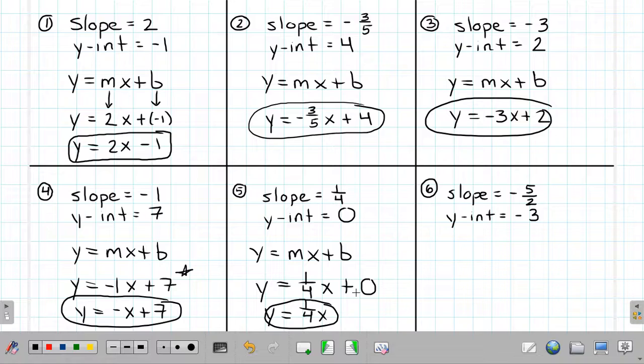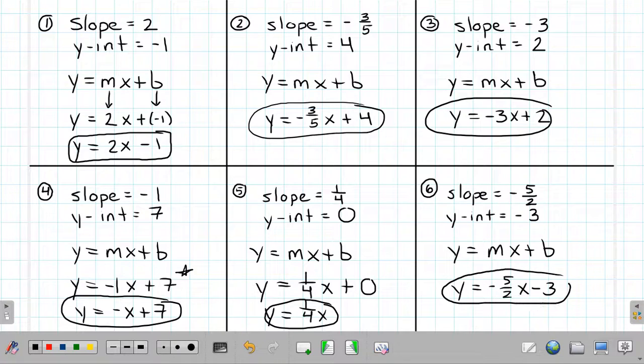But all of these that we're doing here is, if we know the slope and y-intercept, we can get the equation for the line. And the last one of these here, y equals mx plus b, we don't know y. We know slope is -5/2. We don't know x. And then I'm going to take a little shortcut here, and this is something you can get used to: I see my y-intercept is negative, and I've got to add a negative. Well, let's just go ahead and make that -3.